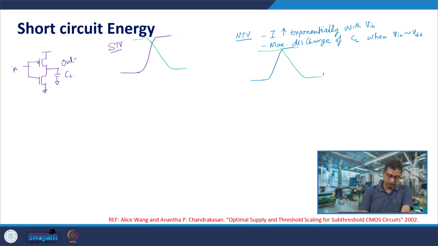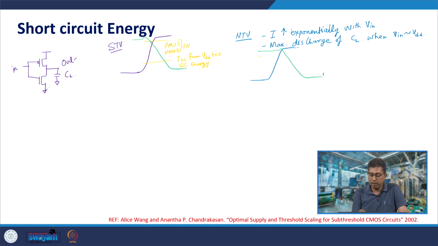In the super threshold voltage regime, you would find that there is a window when both PMOS and NMOS are on, both are not off. So, in this window there is a short circuit current from VDD to 0. That leads to a short circuit energy consumption.